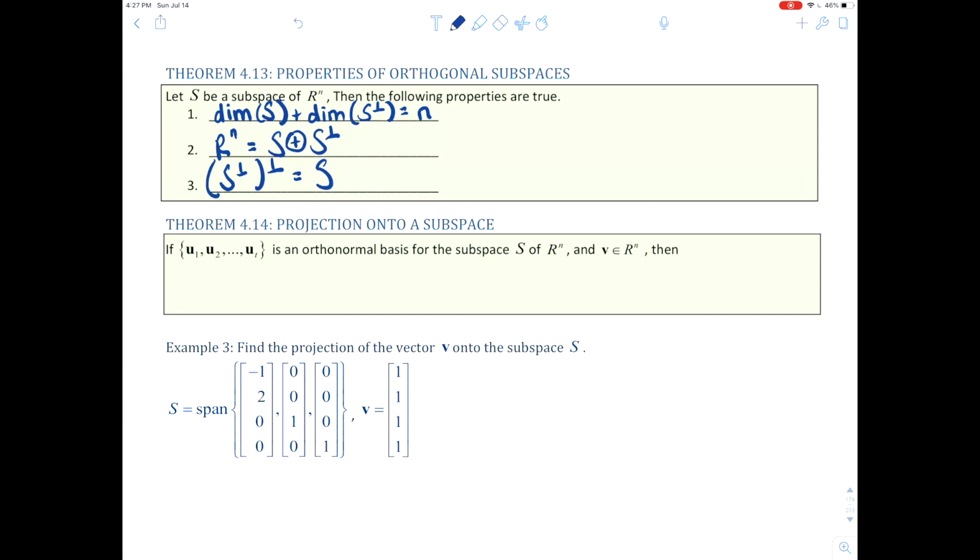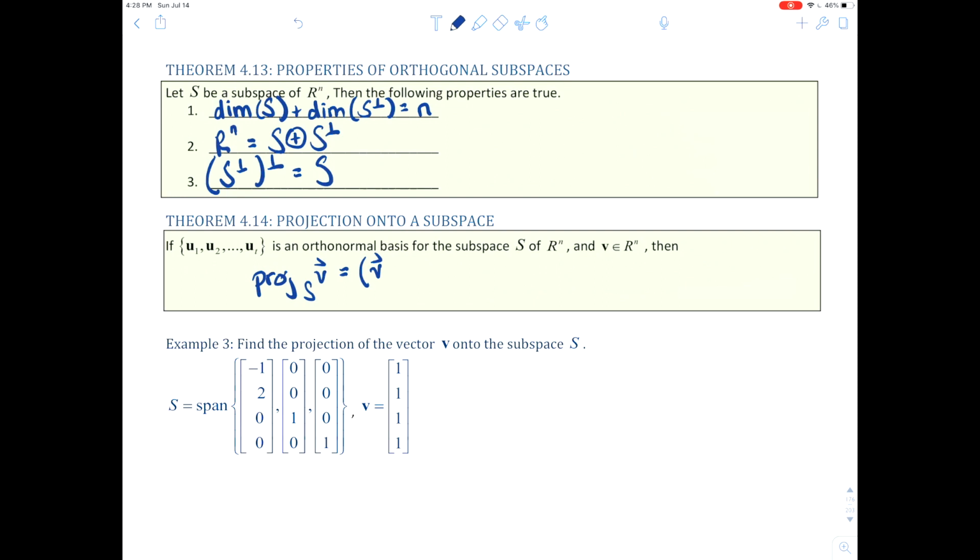So if the vectors U1, U2, all the way down to Ut are an orthonormal basis for the subspace S of Rn, and the vector V belongs to Rn, then it turns out that the projection of V onto this whole space S equals V dot U1 times U1 plus V dot U2 times U2, and it keeps going in that manner until you get to V dot Ut times Ut.